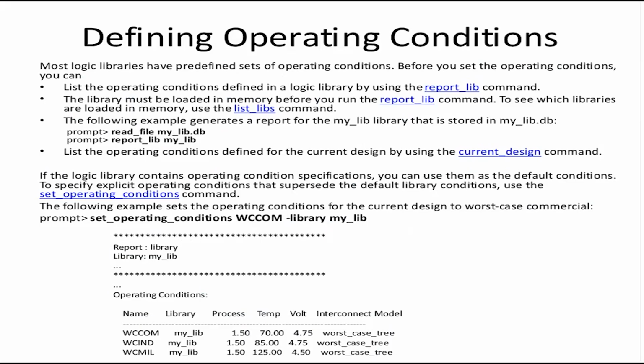So the idea is that synthesis is meant to optimize the design for maximum performance. So we should choose the corner in such a way that it is the worst condition for the operation of the chip.